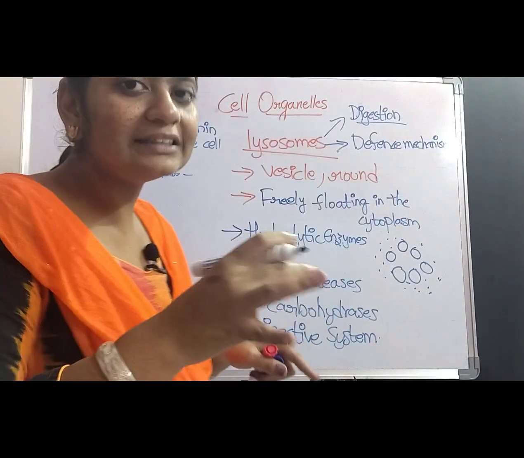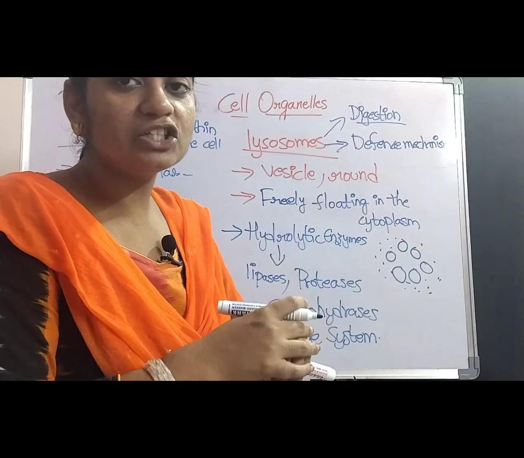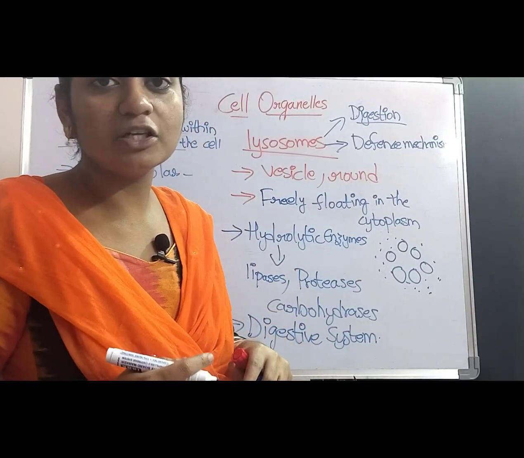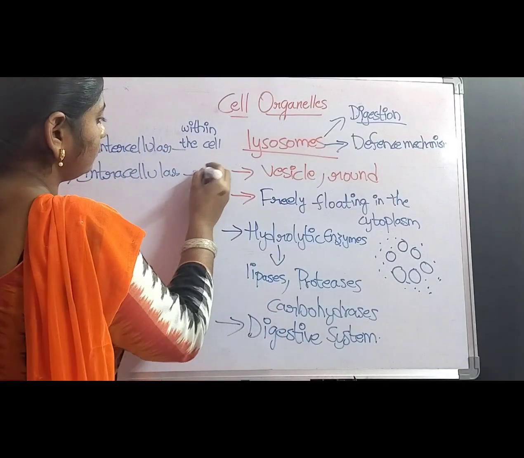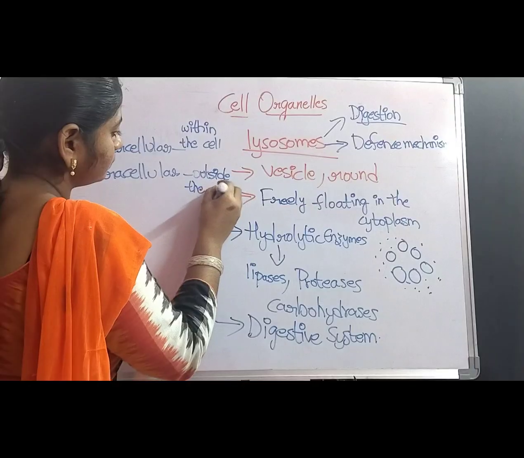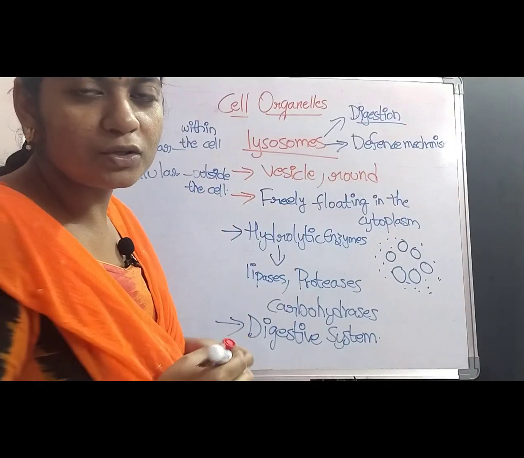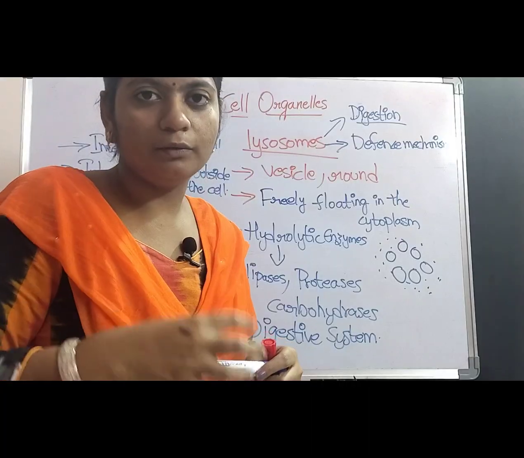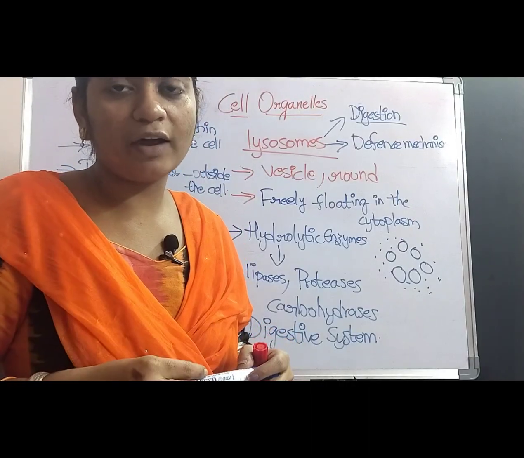And the intracellular digestion means the digestion which takes place out of the cell, outside the cell. So what is outside the cell? The eukaryotic cell takes some food for the energy required process.